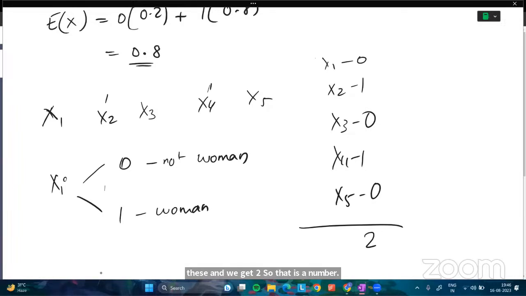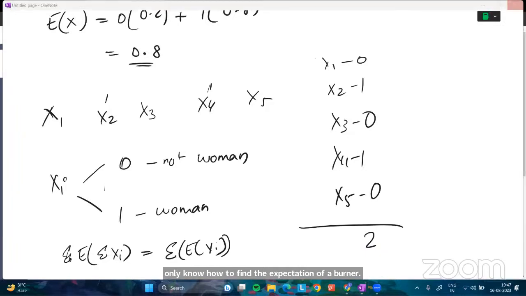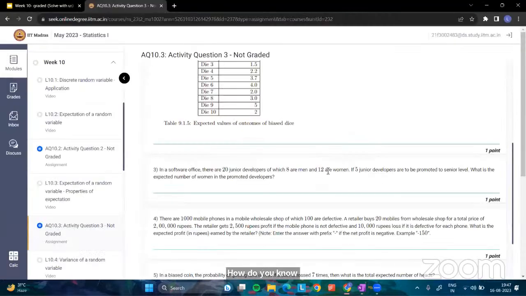Success is woman and failure is not. So instead we can just find the summation of one thing, and we already know how to find the expectation of a Bernoulli distribution. So for one woman it would be 12 by 20.